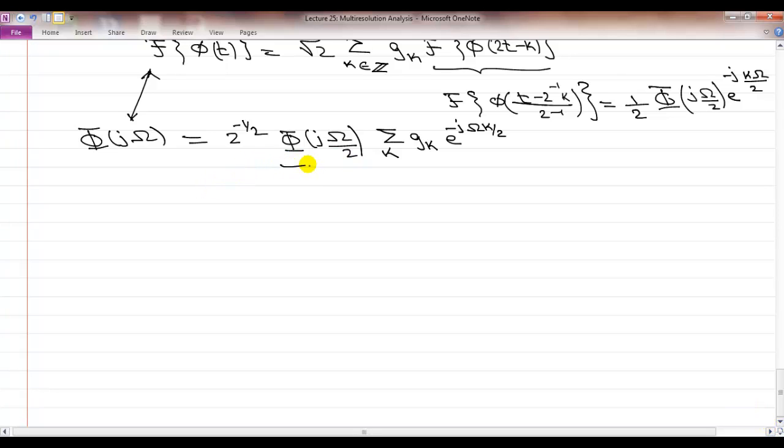I've pulled this outside the summation because it does not depend upon k. So that is equal to 2 to the minus 1 half phi of j omega by 2, times the summation.